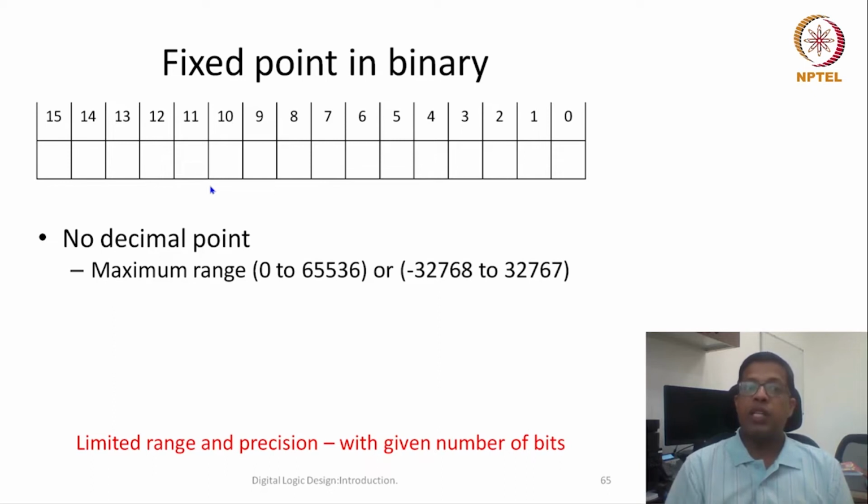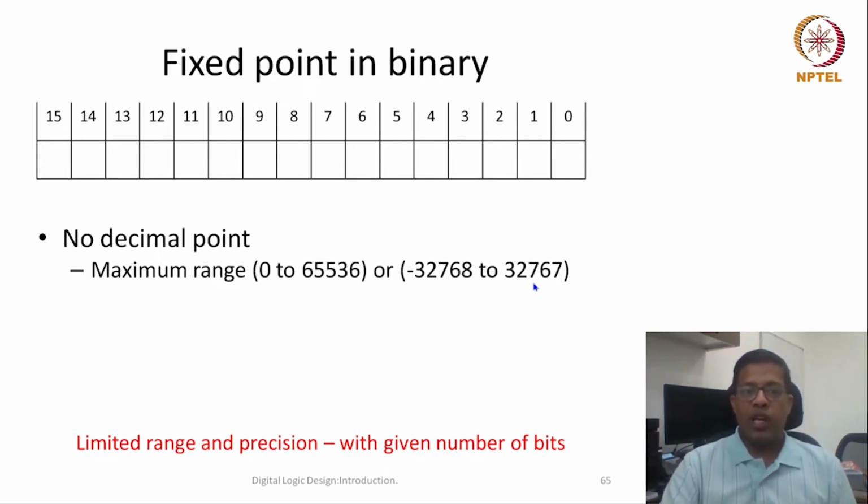And if we are representing signed numbers, then in 2's complement the range is minus 32,000 to plus 32,000. Okay, so this is the range if there is no decimal point, if the number is either completely positive or has some negative part also.